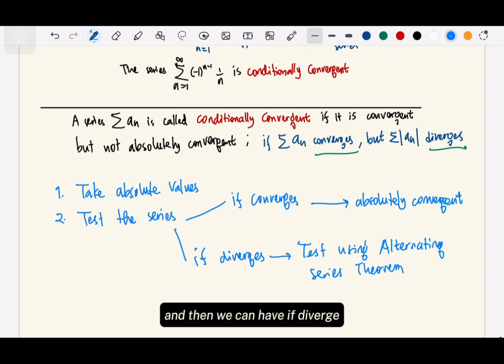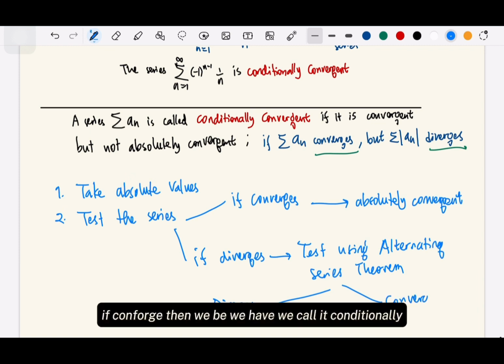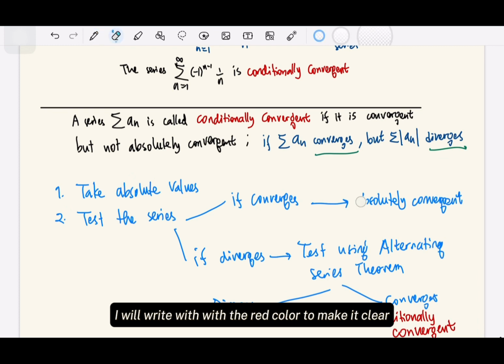Then if it diverges or converges: if it converges, we call it conditionally convergent.